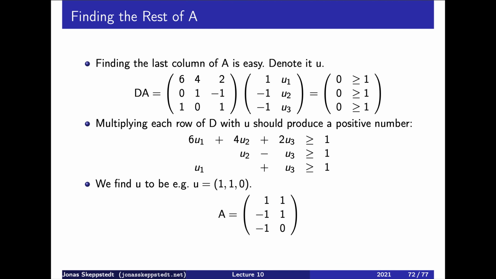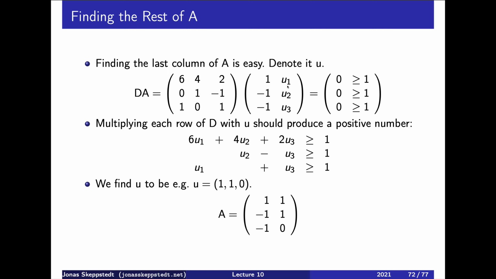So what we can do is, this is D and this is the A that we know so far, the first column, and we can select the second column as we wish, so that it fulfills what we want.